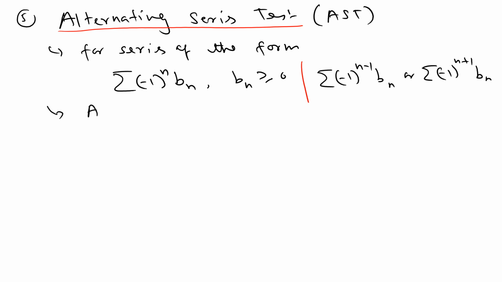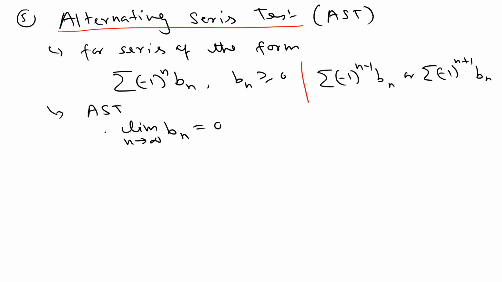So for the alternating series test, I have two things. One is the limit as n goes to infinity of bn equals 0. We don't use an. The reason is we normally call an the nth term, so we want to stay away from that. That's why we go with bn.